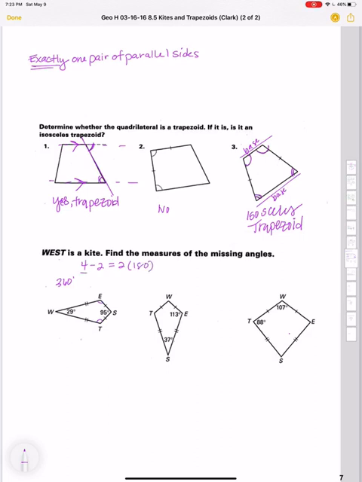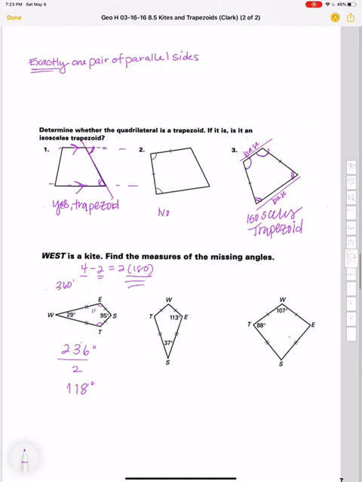So you always do the number of sides it has minus 2 and then times 180. So let's do 360 minus 95 minus 29 gives us 236, divided by 2 is 118. So these are both 118 degrees.